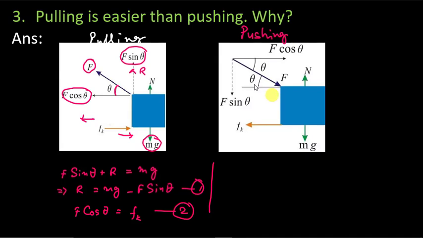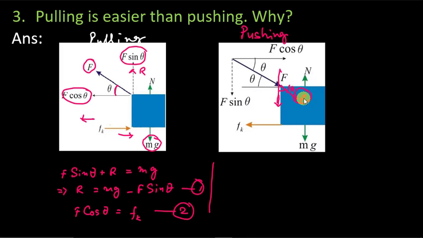On the other hand, in the second figure, it is the case of pushing. Now the body of mass m is pushed with a force F. So this F we can resolve into two components, with angle theta.